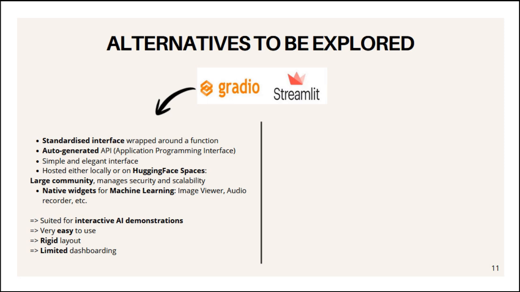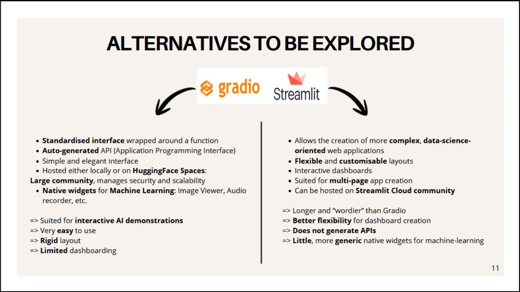Very easy to use. However, it does have a quite rigid layout and a limited dashboarding compared to Streamlit, which I am going to present right now. So about Streamlit, it allows the creation of more complex and data science oriented web applications. It is very flexible and the layouts are very customizable.